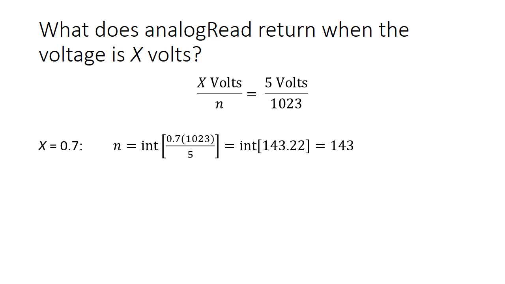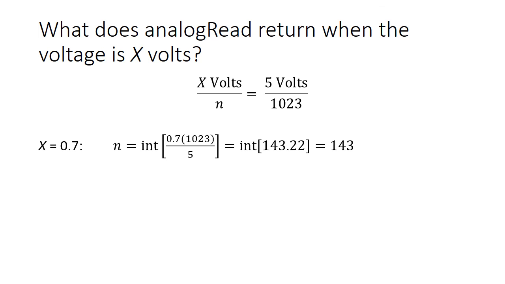Now, if I take x and it's 0.7 volts, how is that represented? I just take the 0.7, I multiply it by 1023, I divide by 5, and then I take the integer part of that, which is the part of the number returned that's to the left of the decimal point. In this case, we see that 143.22, the integer part is 143.